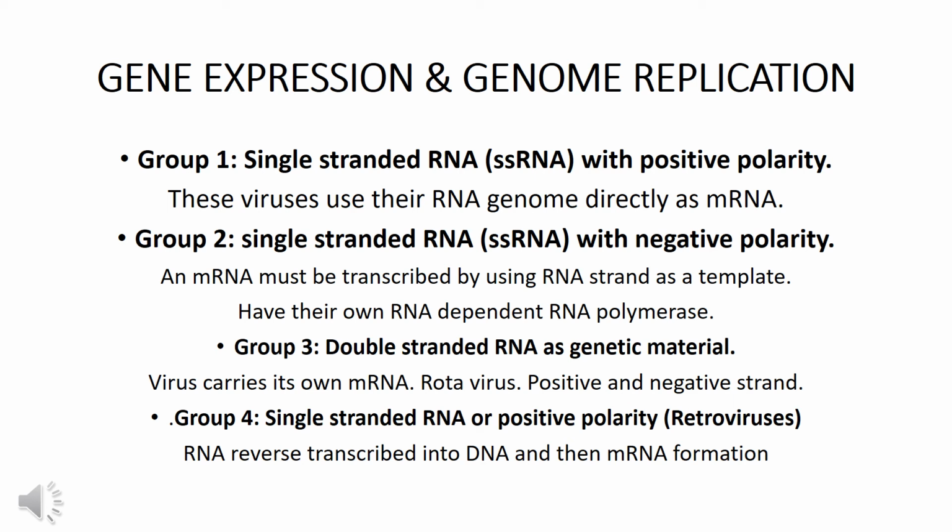So first of all, the mRNA must be transcribed by using the RNA strand. So the RNA of the genome of the virus, the initial RNA of the virus, is transcribed into new RNA. This new RNA is actually a messenger RNA.